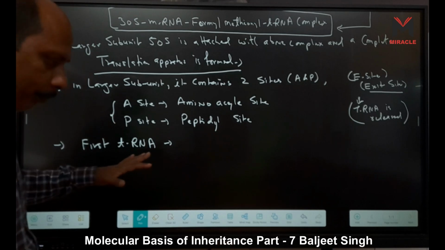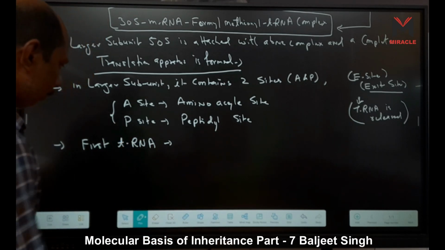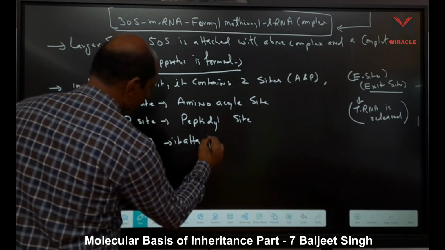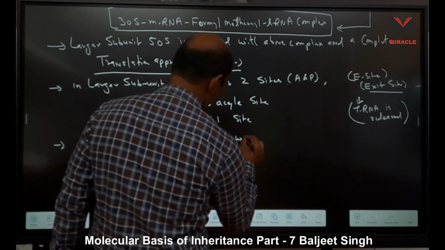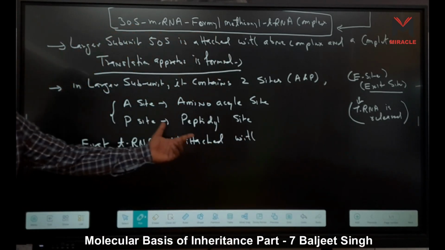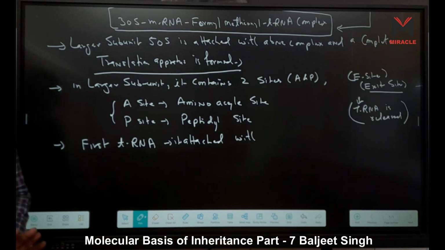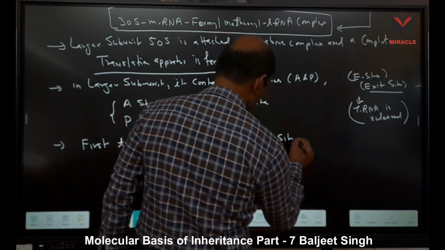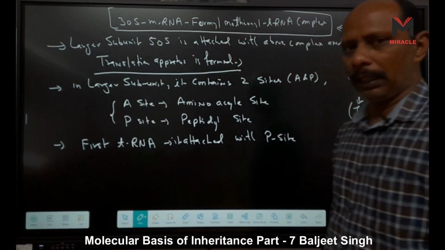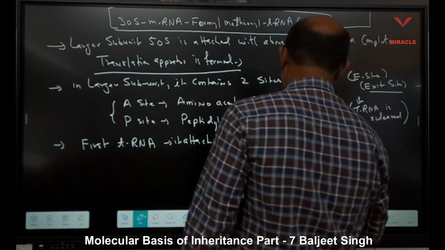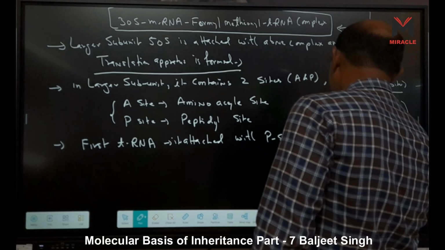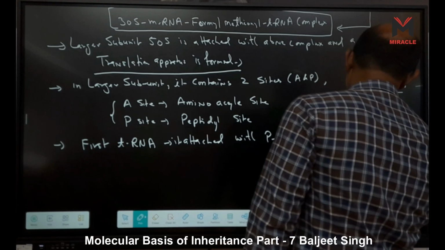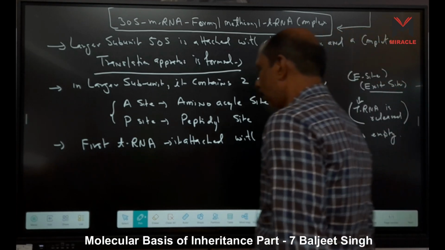So this methionine-attached first transfer RNA attaches with the P site. At that time, the A site is empty, right?